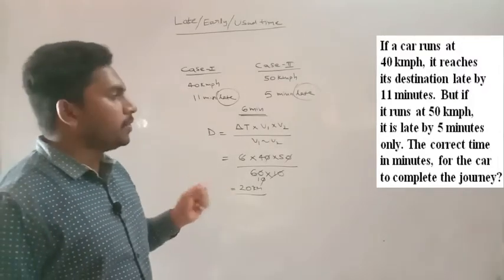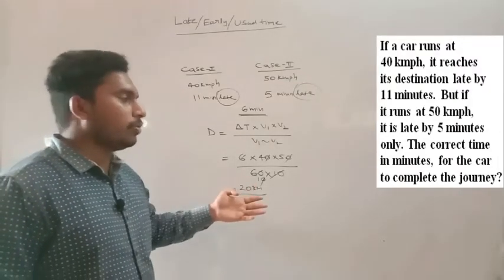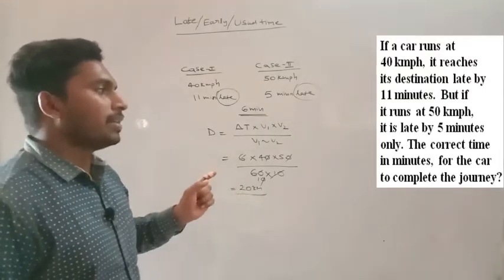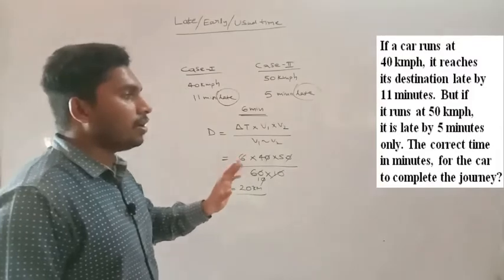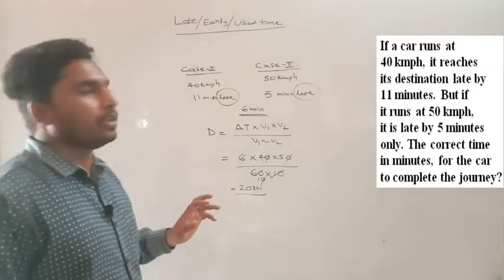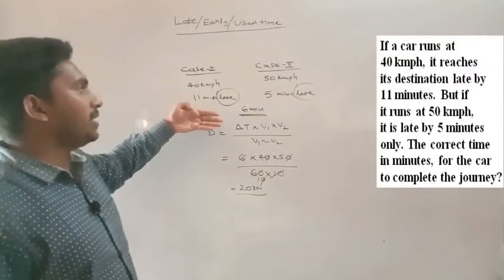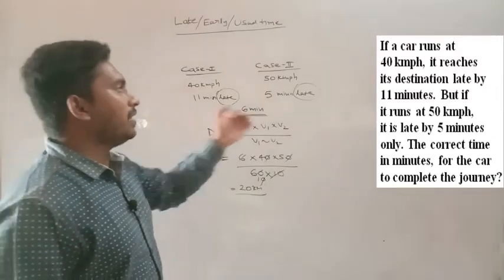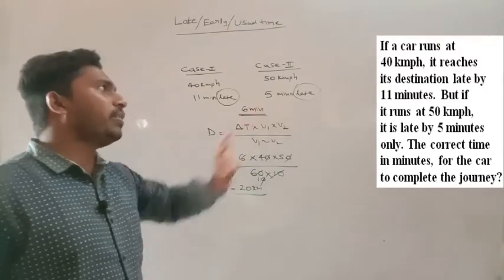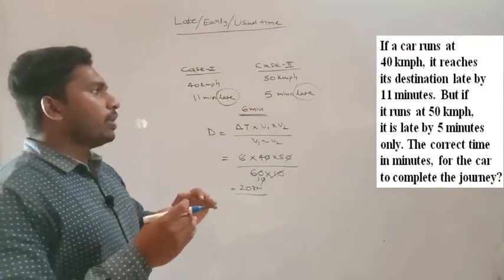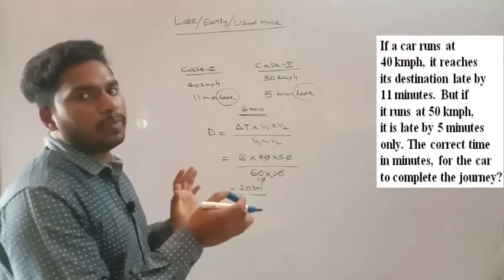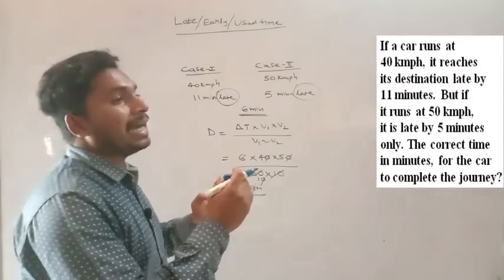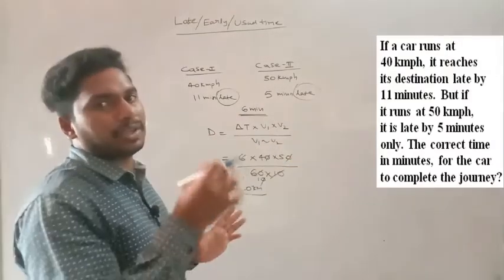So if you observe, they haven't asked to find out the distance. Okay, they are asking to find the correct time for the car to complete the journey. In the first case it is late by 11 minutes, and in the second case it is late by 5 minutes. They are not at all asking to find out the distance between the 2 points, but what is the correct time to reach your destination.